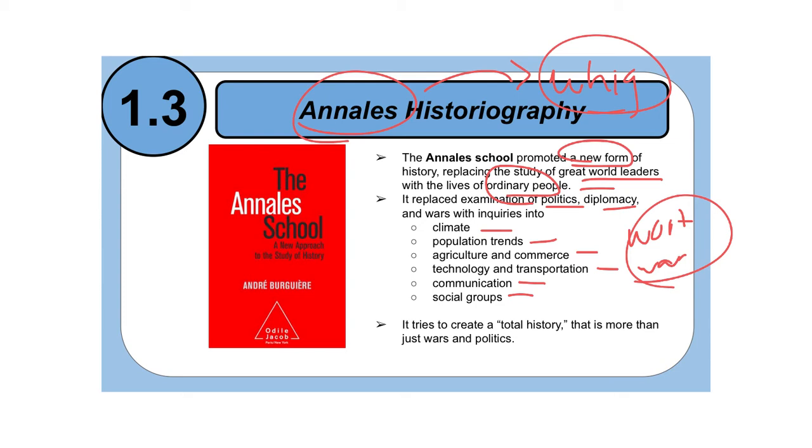So Annalist history is looking at everything. It is a total history, if you will, and it makes more than just wars and politics. History is not just wars and politics, who won this battle, who won this election. It is a collection of everybody's story: poor, rich, working class, upper class, climate, population, etc.